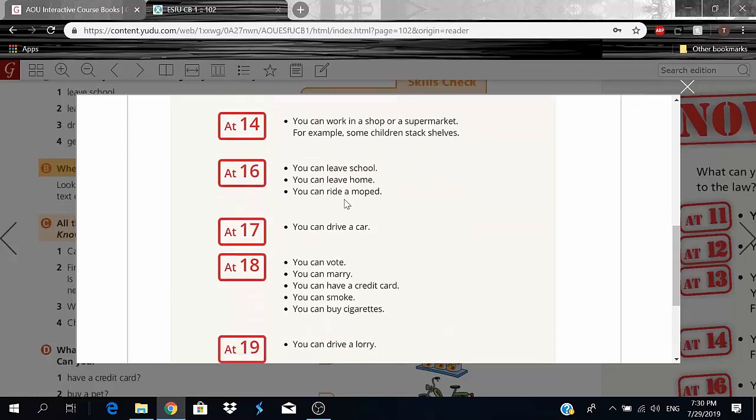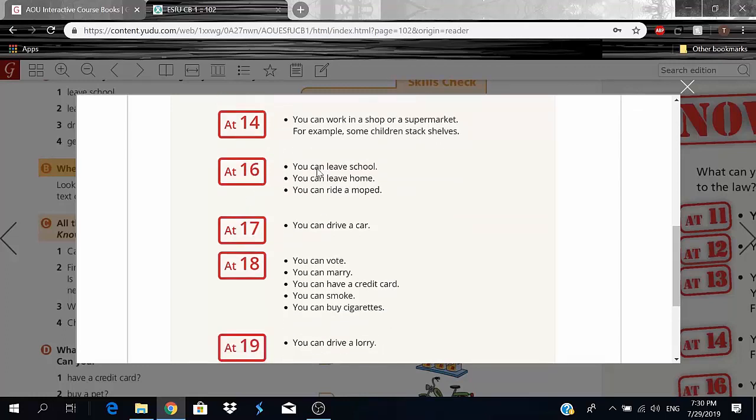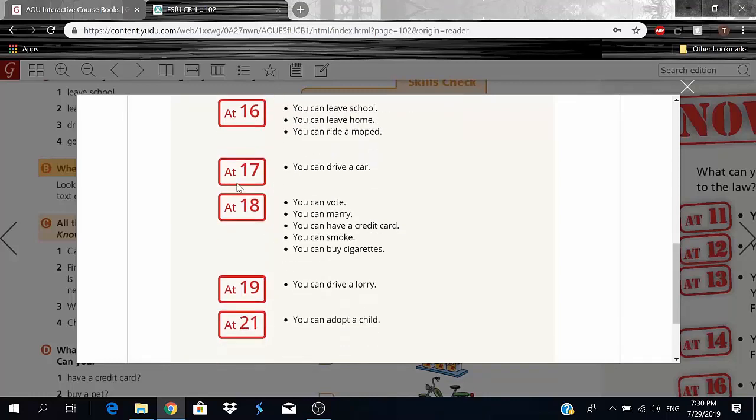At 16, you can leave school, okay. You can leave home. You can ride a moped. And at 17, you can drive a car. Okay, here we go. At 18, you can vote. You can marry. You can have a credit card, you can smoke, and you can buy cigarettes.